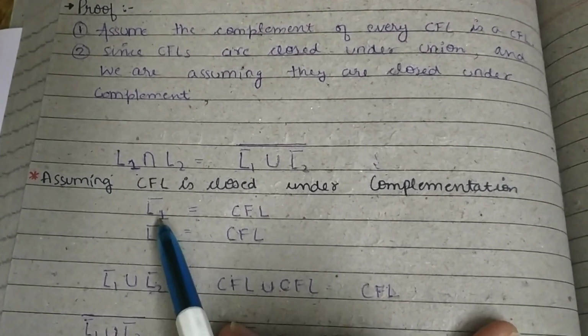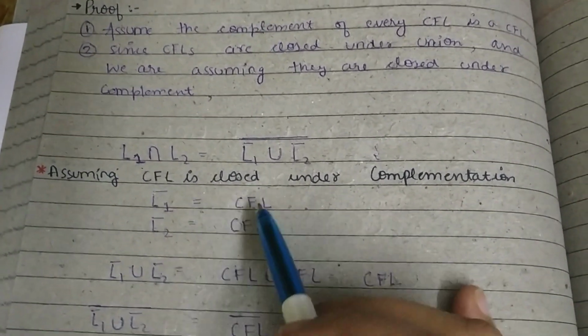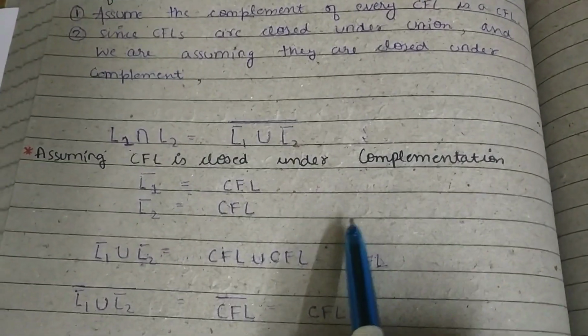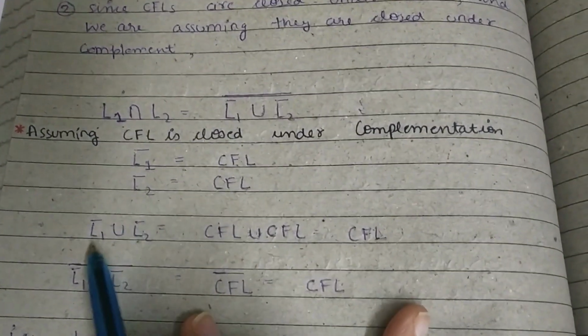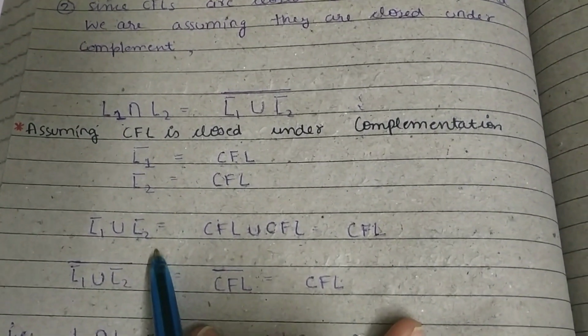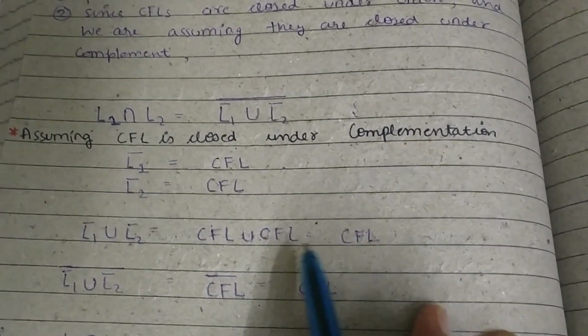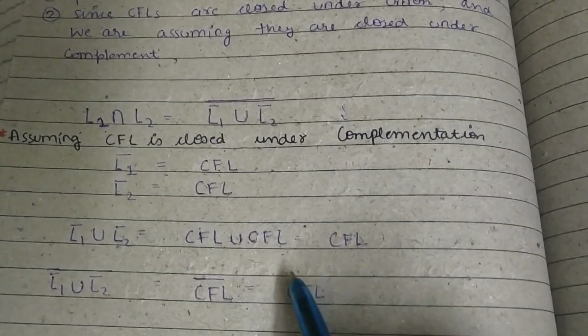So, we say that L1 complement is a context-free language, L2 complement is also a context-free language. So, L1 complement union L2 complement will be equal to context-free language union context-free language, which will be a context-free language only.